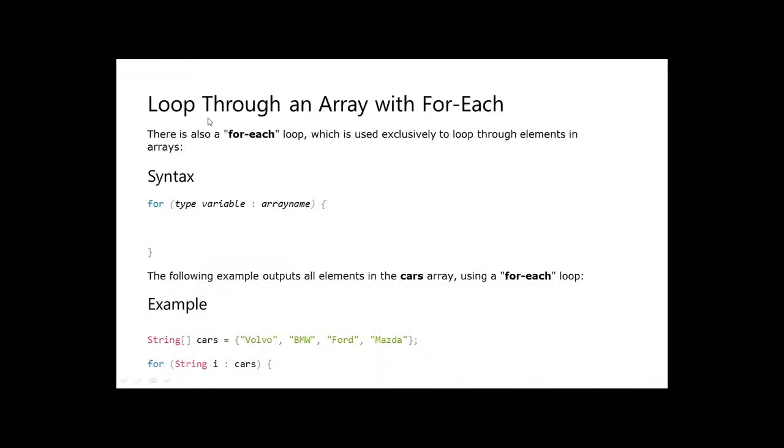We can also loop through an array with for each. This is another syntax, for each. It is only used for looping through an array. For the syntax, you have the for, then the data type of the variable, then a colon, and then the name of the array.